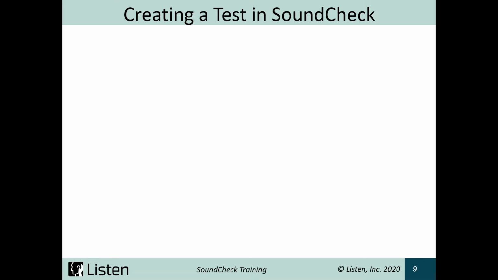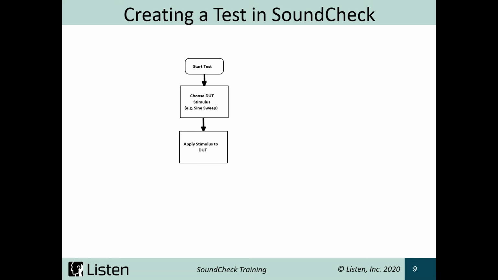When we actually go to create the test in SoundCheck, we have to think of this logically, how this sequence would work. So when we start the test, we're choosing the DUT stimulus, something like a sine sweep. We take the stimulus we created and we apply it to our device under test.